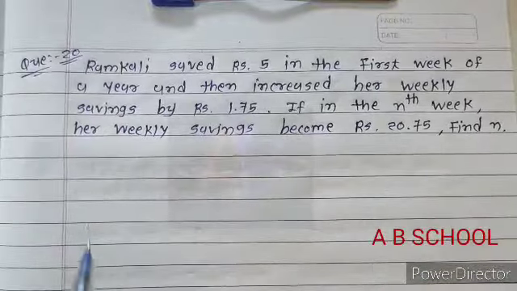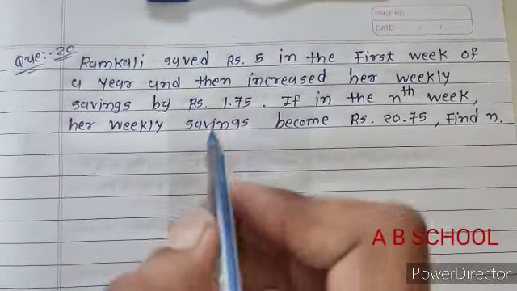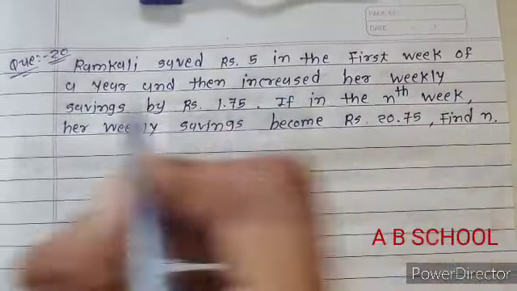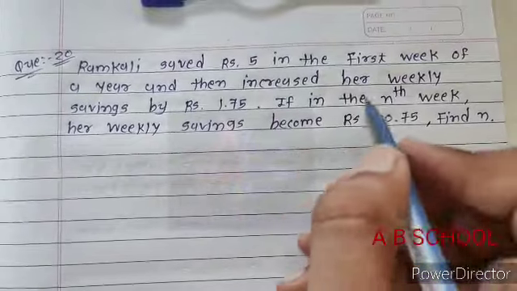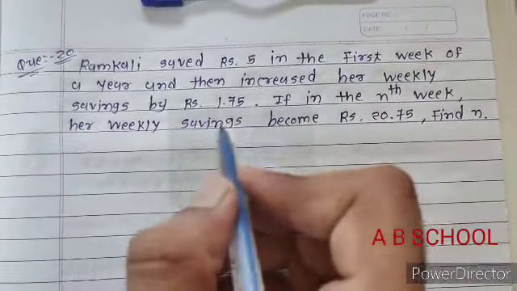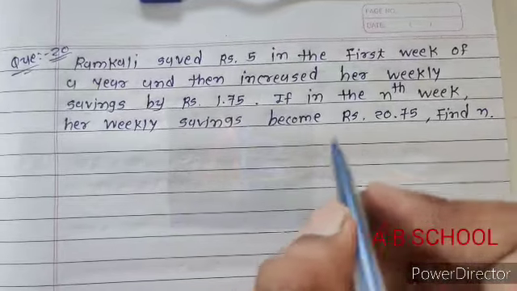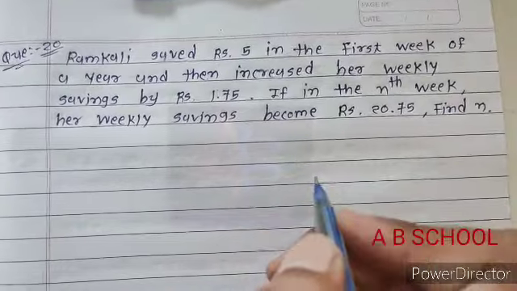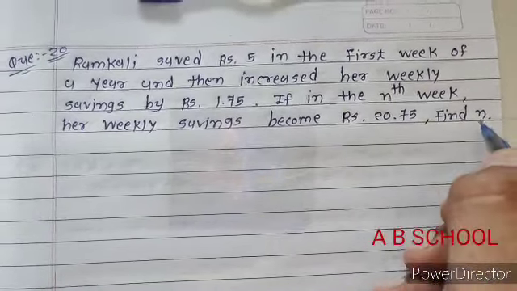Now last question number 20. Ramkali saved rupees 5 in the first week of a year and then increased her weekly savings by rupees 1.75. If in the nth week her weekly savings becomes rupees 20.75, find the value of n.